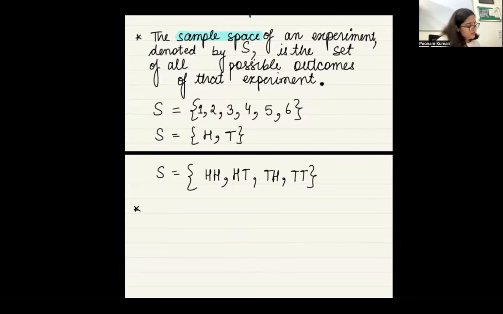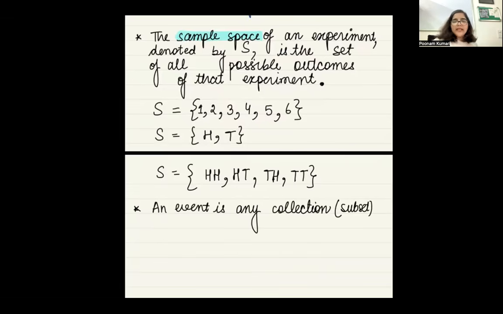Okay. Now we have another definition, which is what is an event? An event is any collection, collection meaning subset, of the outcomes which are contained in the sample space.